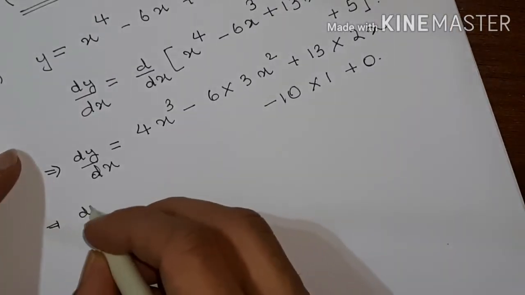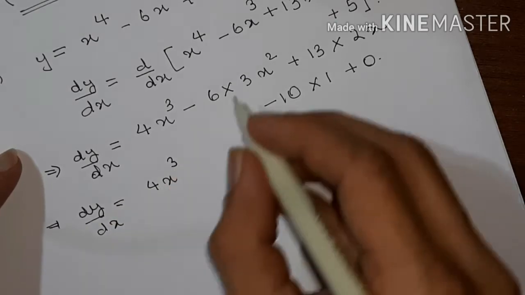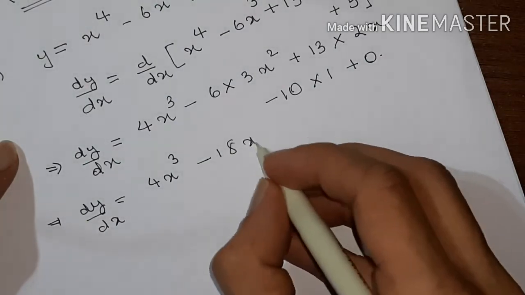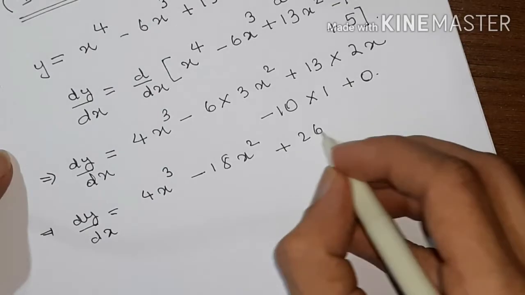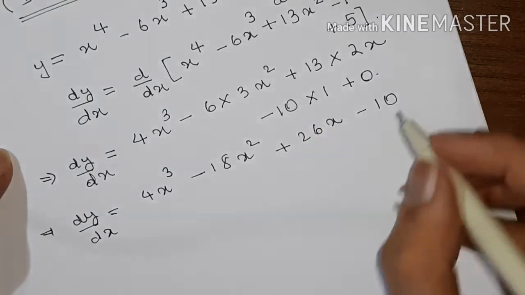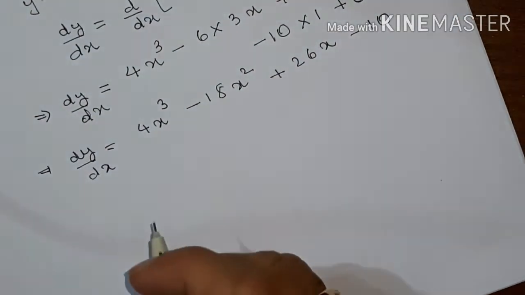So what you get is dy by dx equal to 4x cube, 6 multiplied by 3 is 18, so minus 18x square, plus 26x, minus 10.